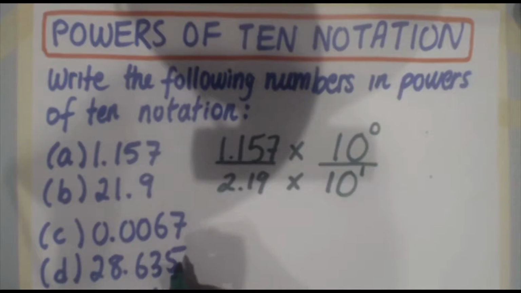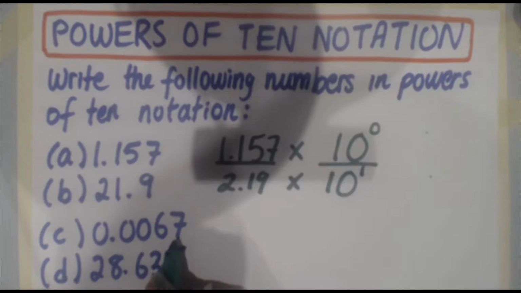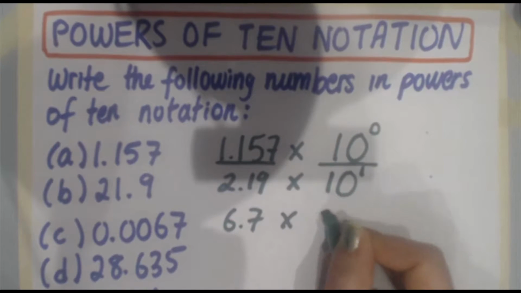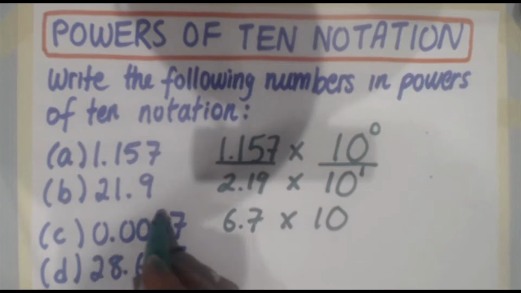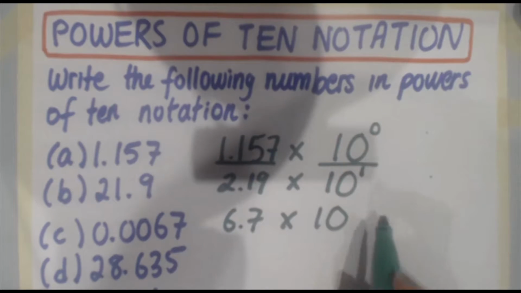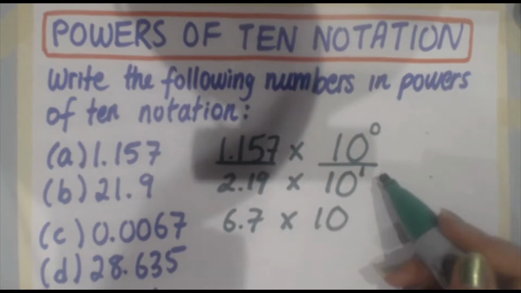Part C. Here you've got 0.0067. The number between 1 and 10 that we're going to write is 6.7 times 10. Now, because this is a number smaller than 1, the exponent is going to be negative. Notice how the previous numbers were bigger than 1, so the exponent was greater than or equal to 0.